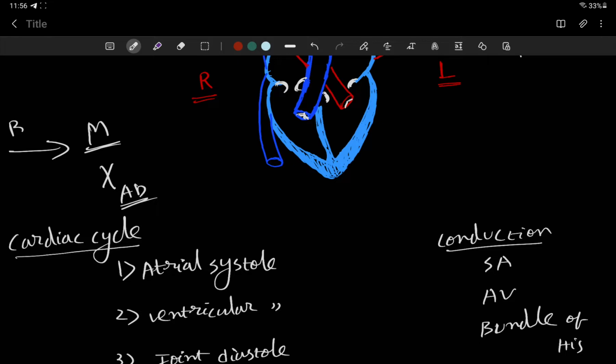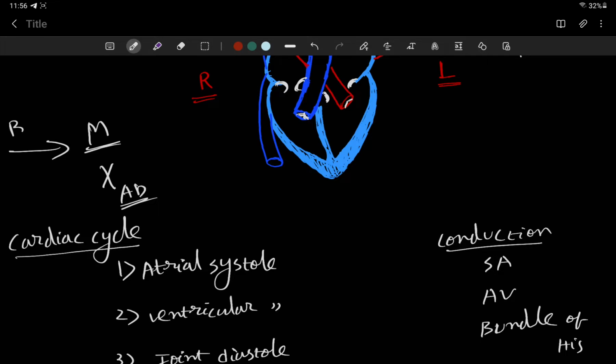If this couple goes for the second child, the second child also will have a positive blood group because the father is positive, and now the mother has antibodies against the Rh antigen that was present on the first baby.